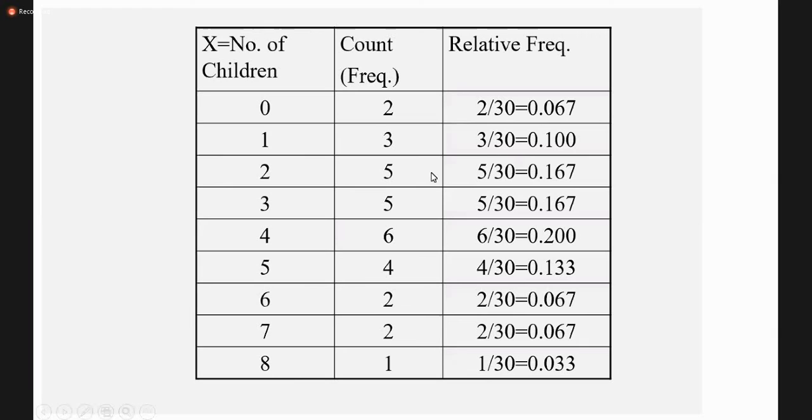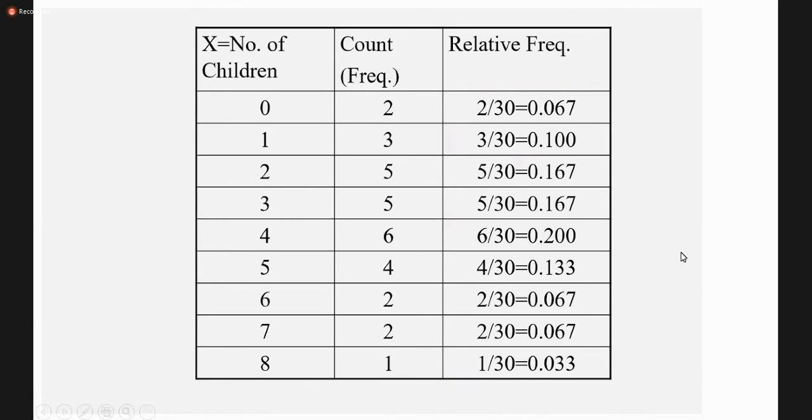In total there were 30 women, and out of those 30 women, what percent of women had 2 children? 2 out of 30. So we can find out the relative frequency.